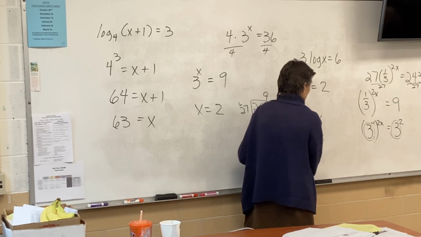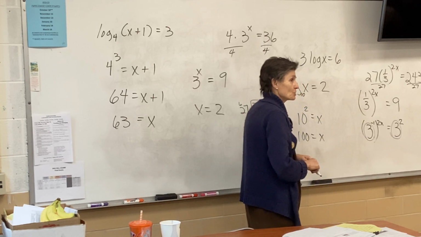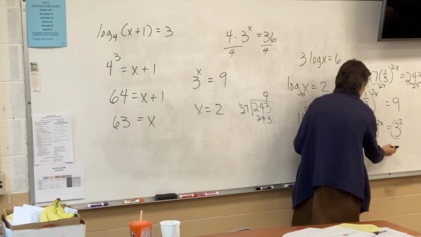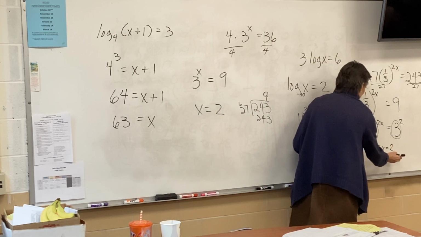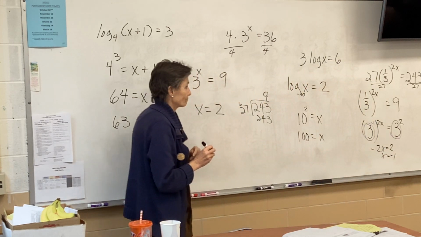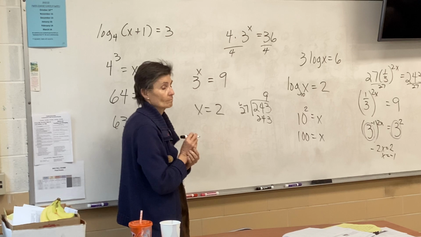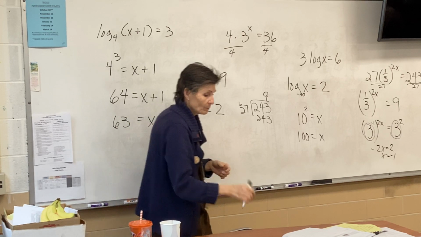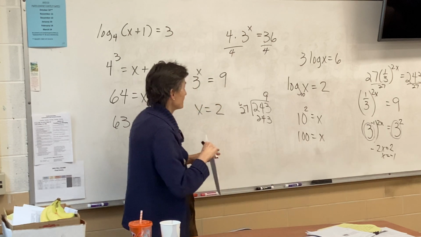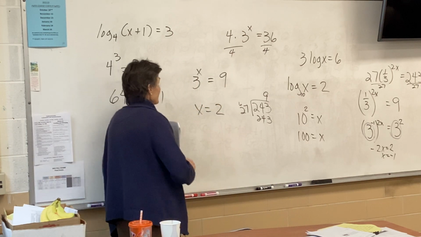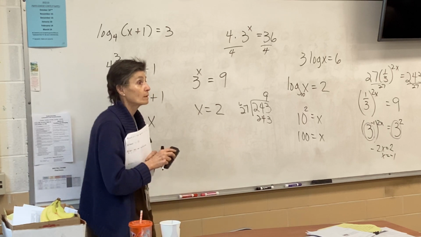As soon as the two purple things match, the exponents are equal. So negative 2x equals 2. It looks like x equals negative 1. That one was a little more complicated than any of the other ones, but still not too bad. Anybody have a question about the first 4?